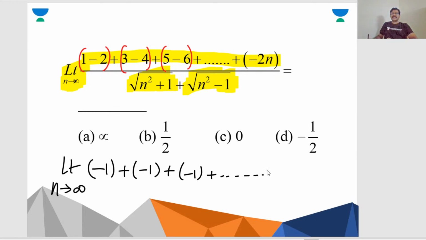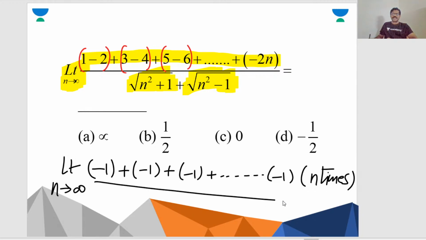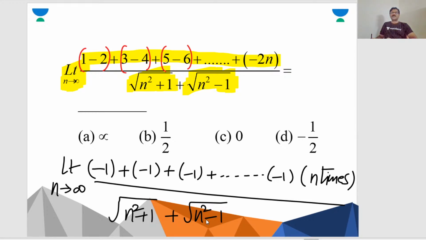Like that, here till minus 2n. So here minus 1, how many times? n times, by square root of n square plus 1 plus square root of n square minus 1.